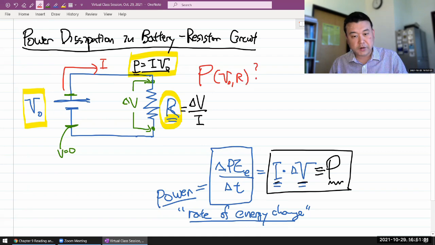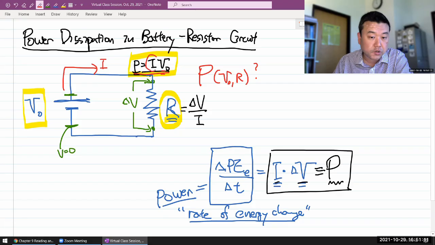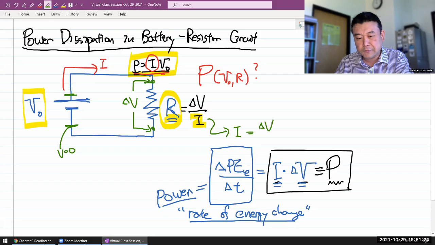And as you are trying to answer that question, you look at this relationship here and think, okay, I know voltage. This somehow relates to the current, but that's not useful. I want to get rid of this current. And you look at, oh, I have current here. I can solve this for current. My current is equal to delta V, or V naught. Let me write it as V naught.